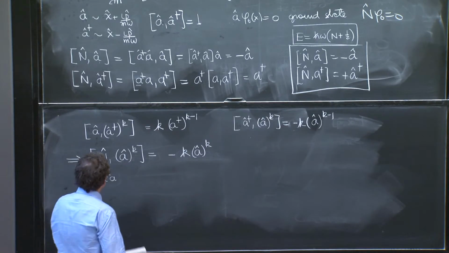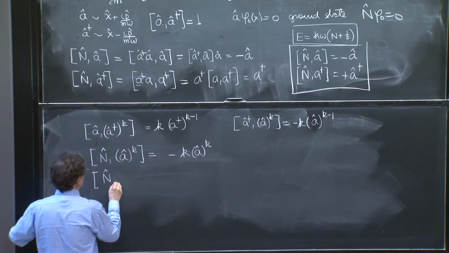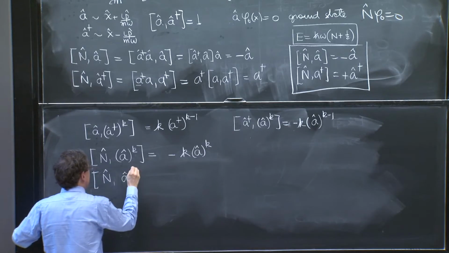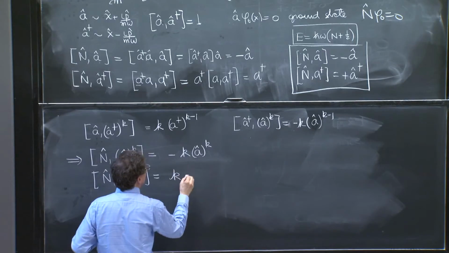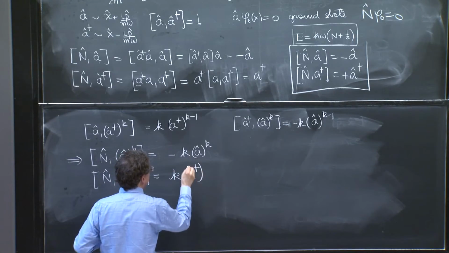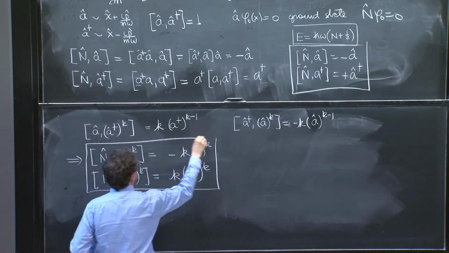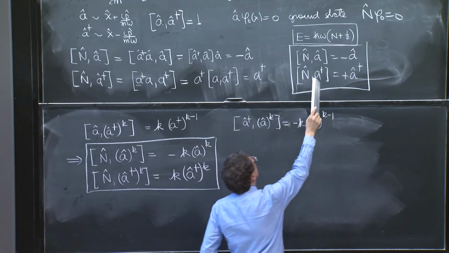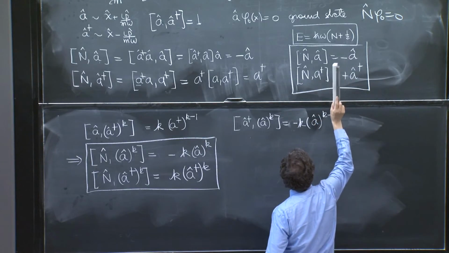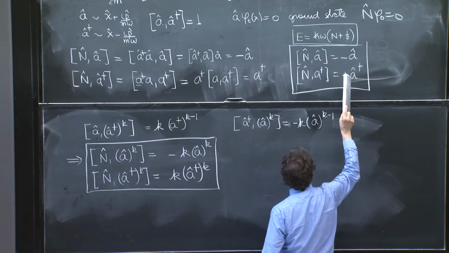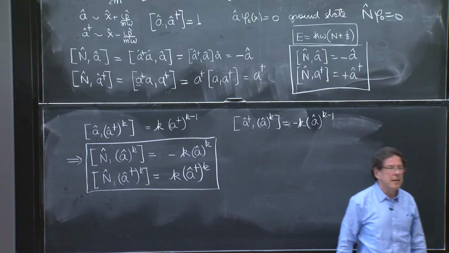And similarly, n with A dagger to the k is k times A dagger to the k. So what happened before, that the n hat operator leaves the A the same but puts a number, leaves the A dagger the same and puts a number, you see happening again.